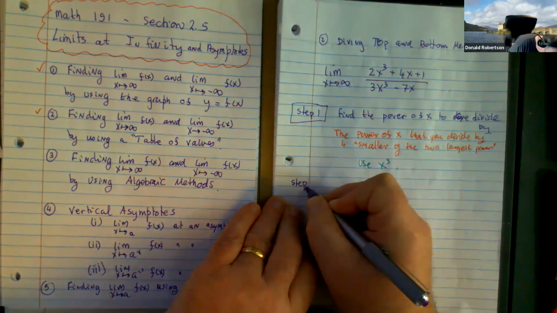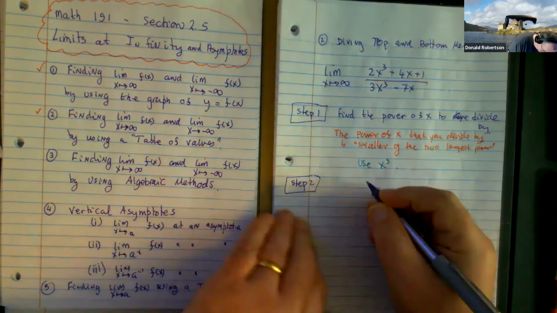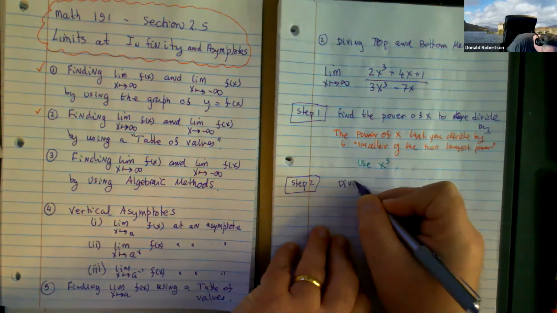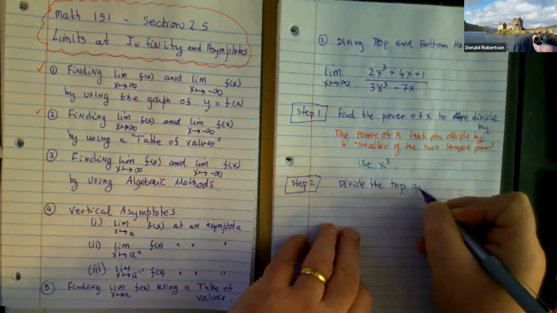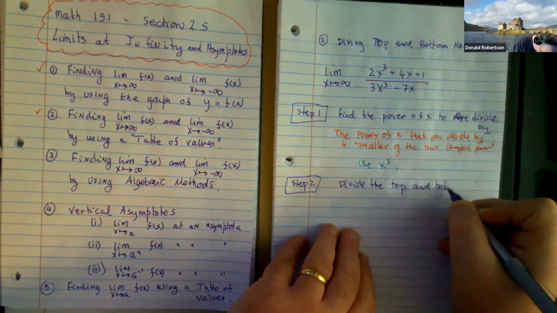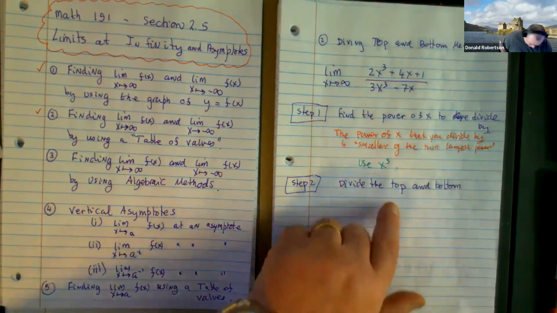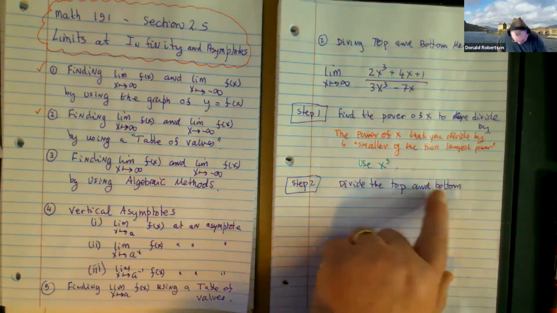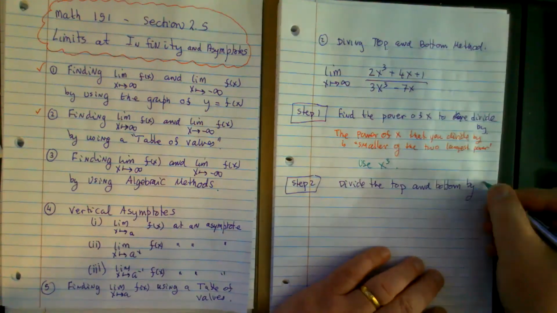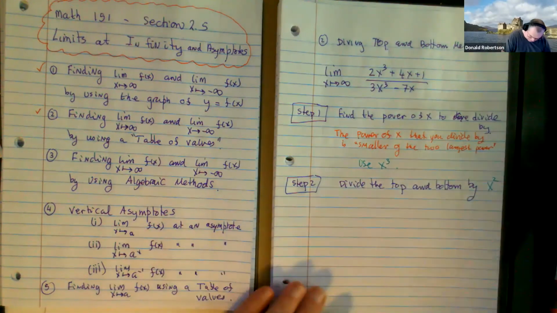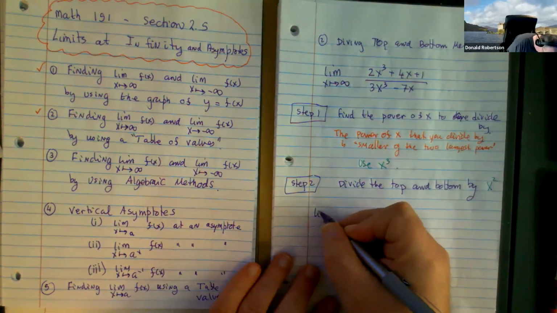Now, step 2. You divide the top and bottom, the numerator and denominator, by x cubed. So let's show you what that looks like.